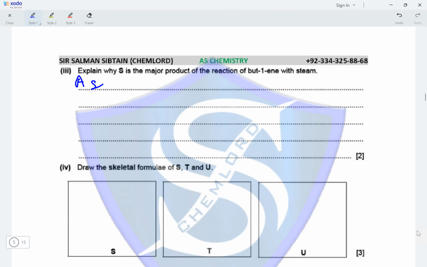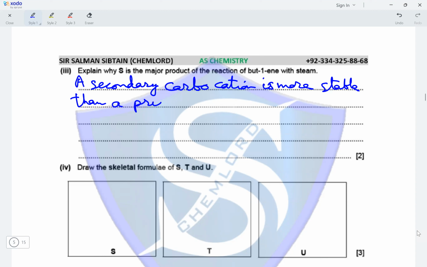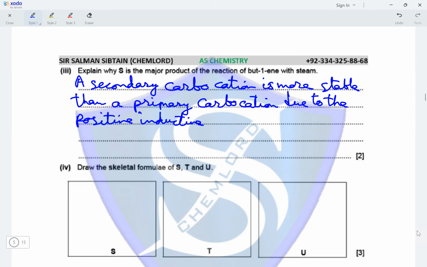So a secondary carbocation is more stable than a primary carbocation due to the positive inductive effect of the two alkyl groups present.